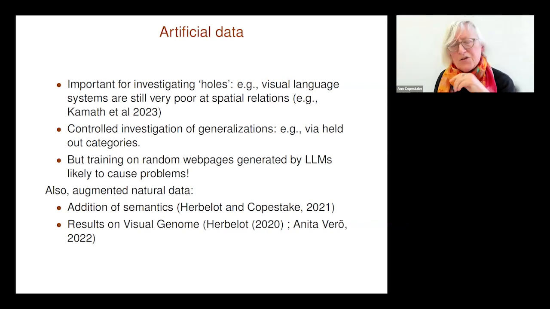I'm not saying in any sense that this augments the information layer, as Karen meant it, but I think that thinking about artificial data is going to be quite important. I've got some citations here, but also the idea of augmenting natural data. It turns out that Visual Genome is a very, very interesting corpus, for instance.